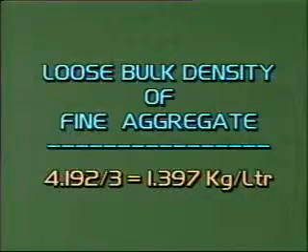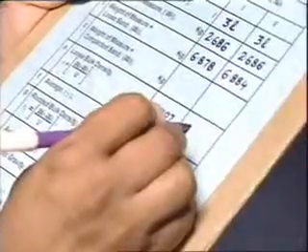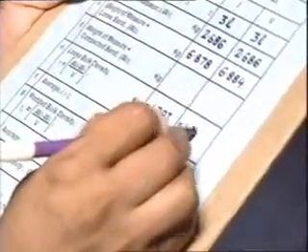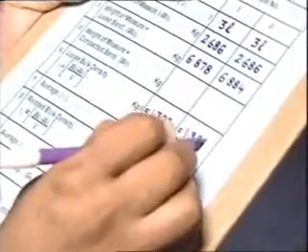The loose bulk density of fine aggregate can be calculated as 4.192 kilograms divided by 3 liters, which is equal to 1.397 kilogram per liter. Take another set of readings and record it in the observation sheet.